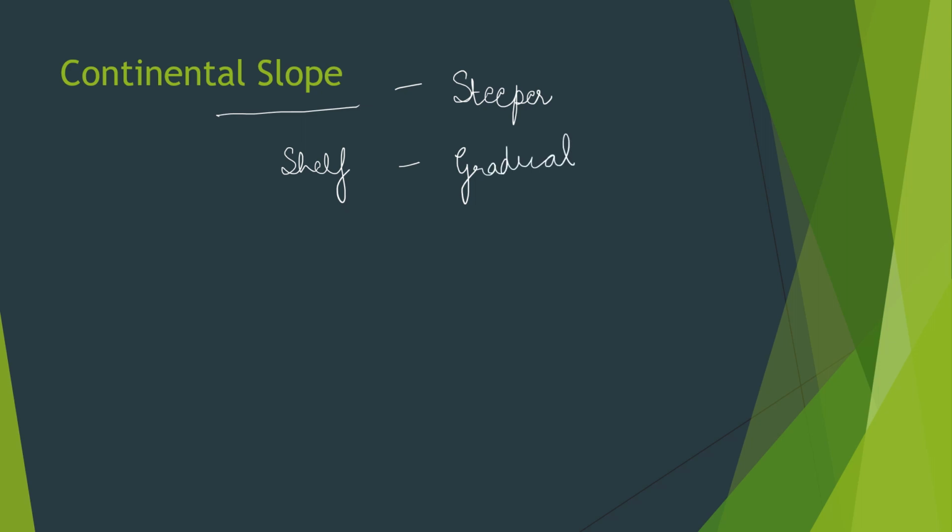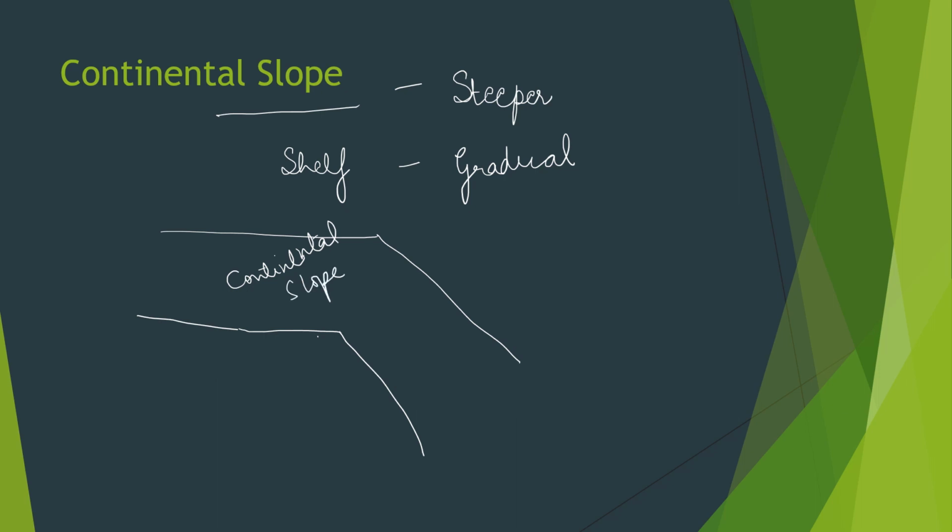Looking at the diagram, this is our continental slope. The shelf slope is gradual. But from here onwards, we are going to see a steeper slope. This slope is steeper, and that steeper slope is known as the continental slope.